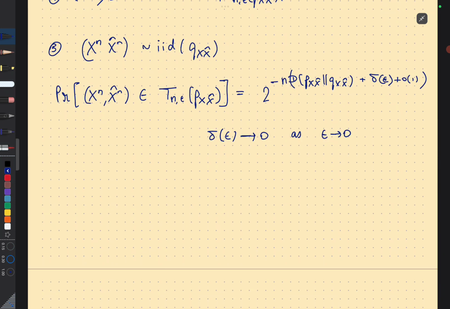Okay. So an important special case is when x^n and x hat^n are independent of each other. So x^n is drawn according to P of x, x hat^n is drawn according to P of x hat, but x^n and x hat^n are independent of each other. So basically they are drawn from the product distribution P of x times P of x hat.